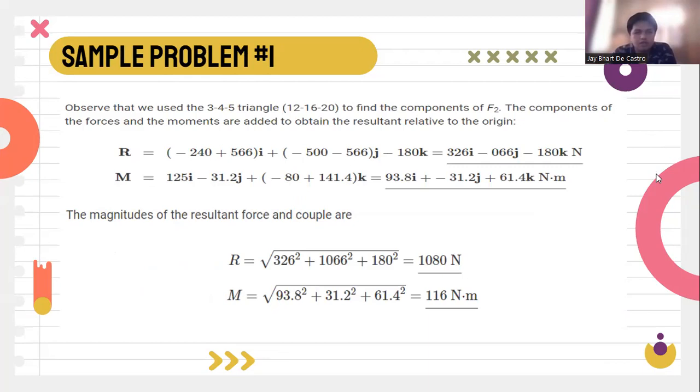Observe that we use the 3, 4, 5 triangles to find the component of F sub 2. The components of the force and the moment are added to obtain the result related to the origin.